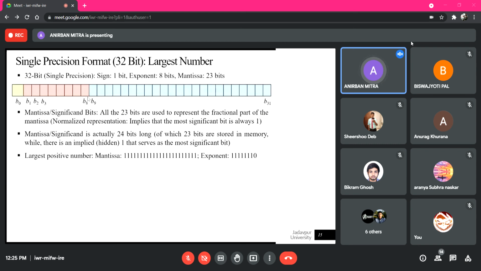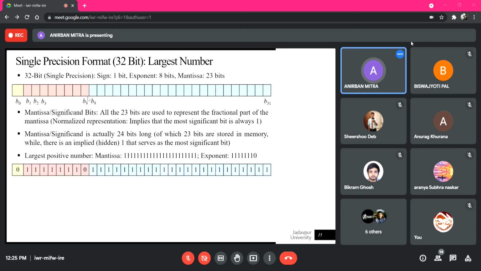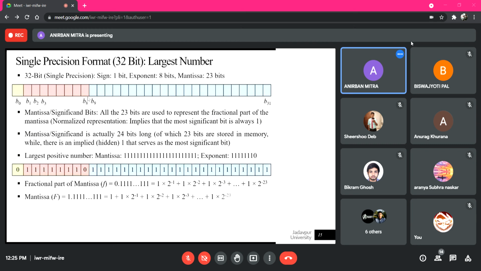If we consider this case, then we have something like this. We are considering a positive number, of course, so the sign bit is 0. Then the exponent would be having 7 ones followed by a 0, and the mantissa would be all ones. These are the fractional part of the mantissa. The implied part is also 1, the most significant bit. So we first calculate the fractional part of the mantissa.